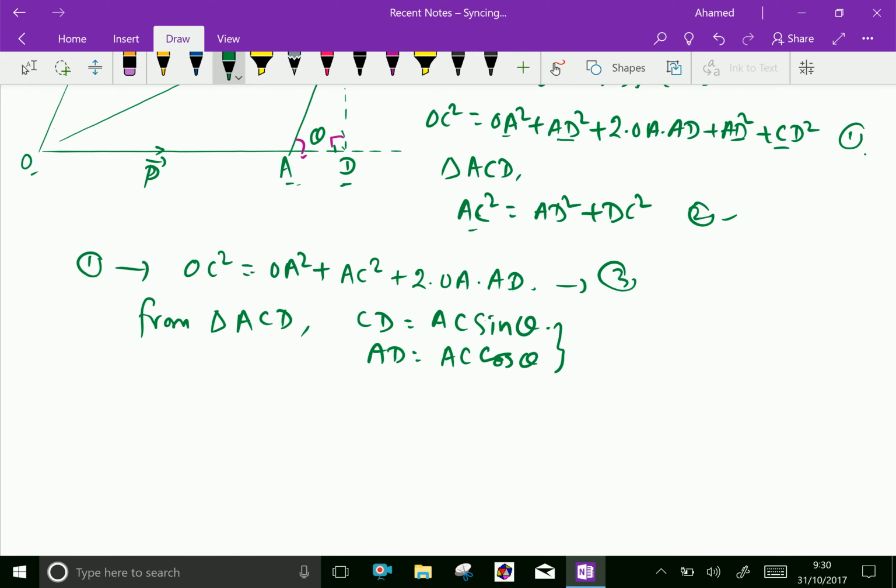Put this as 4. Now substitute this 4 in OC square. We will substitute all the values of CD and AD.